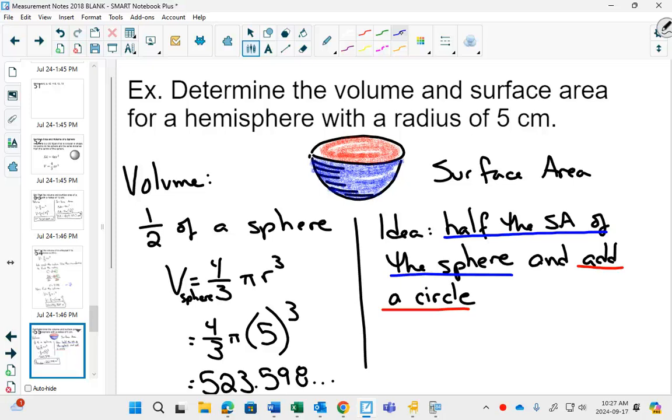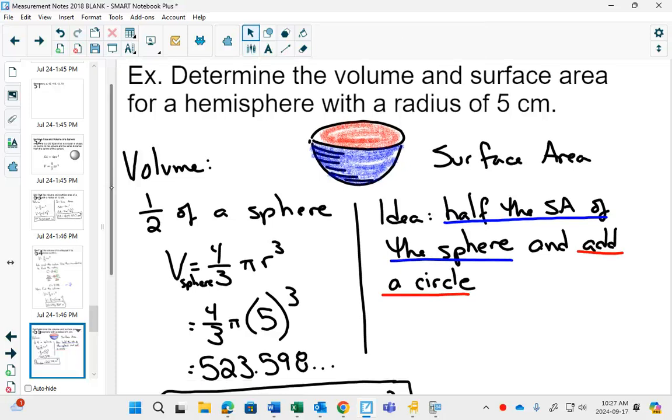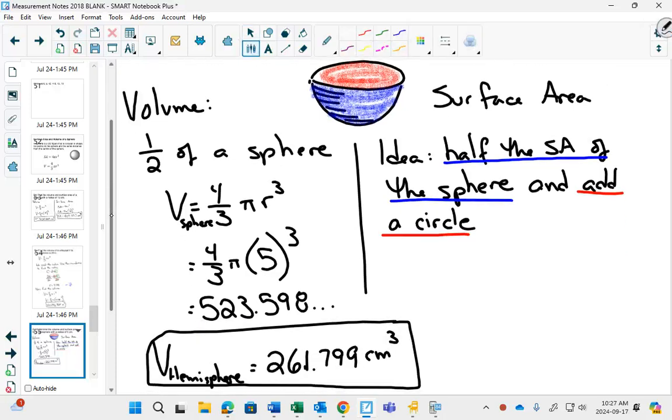So surface area is always, in my opinion, a little bit more difficult than volume. It involves a little bit more thinking, because you'll have more things involved. So, if I use the idea, I could start off with my surface area of my sphere, 4 pi r squared, and I could actually figure out the number and cut it in half.